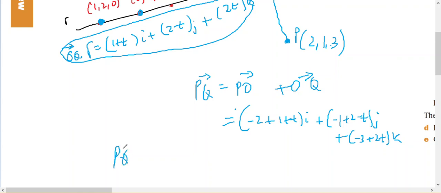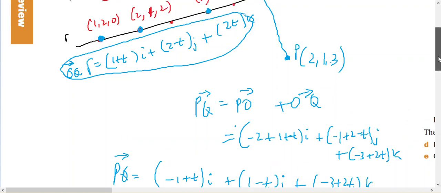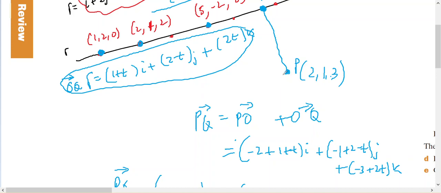So P to Q is going to equal minus 1 plus t in the i, plus 1 minus t in the j, plus minus 3 plus 2t in the k. So that's a vector that describes the line from P to Q, and I went from P to O and then O to Q, finding the vector PQ.